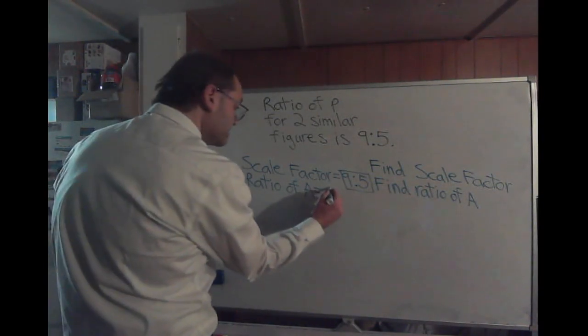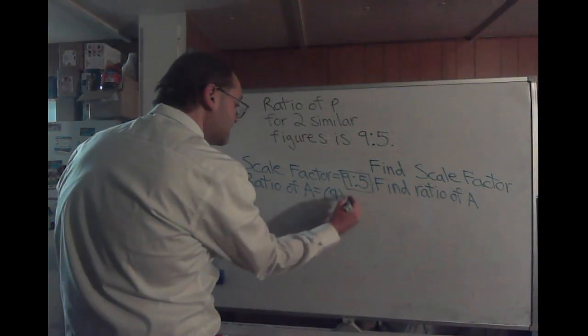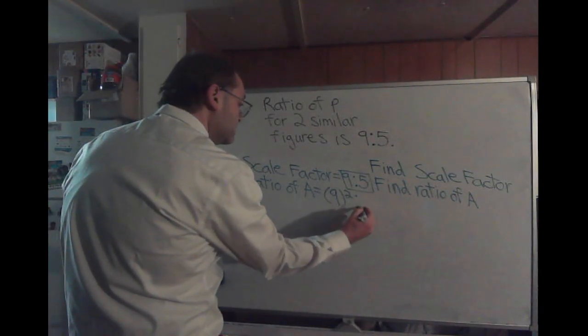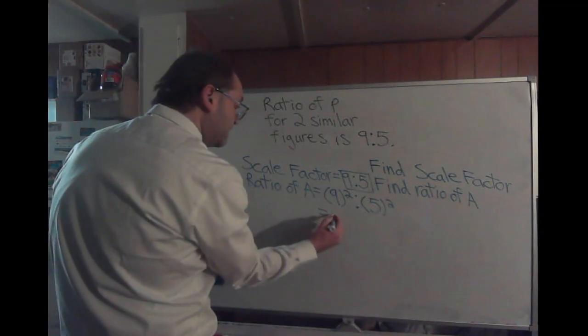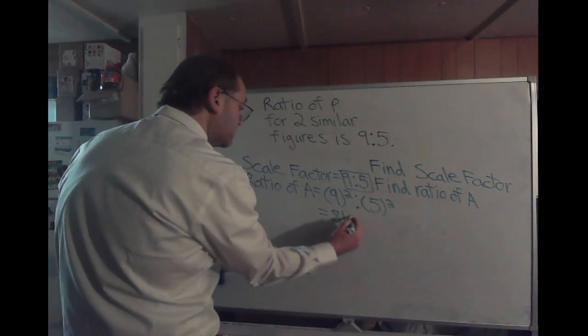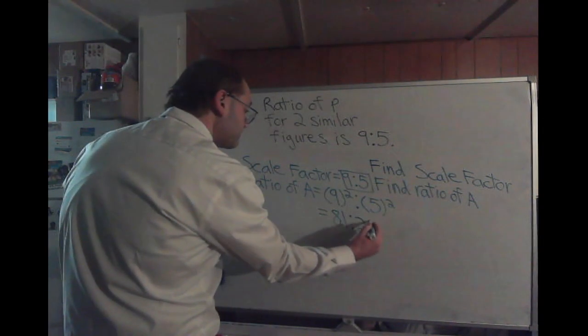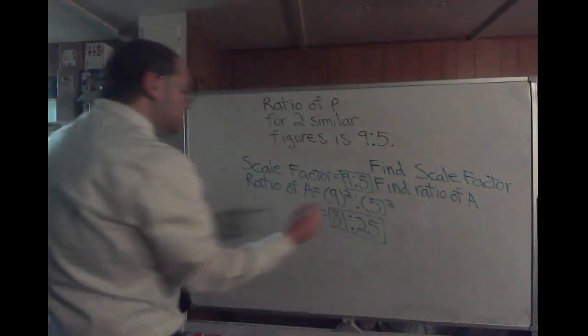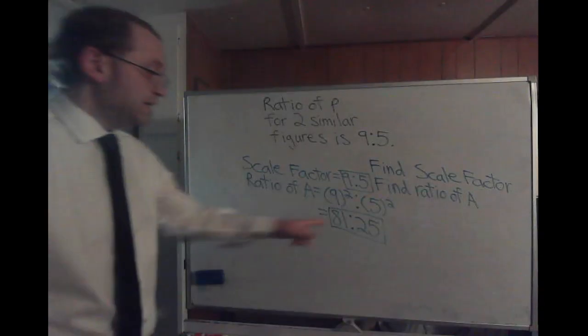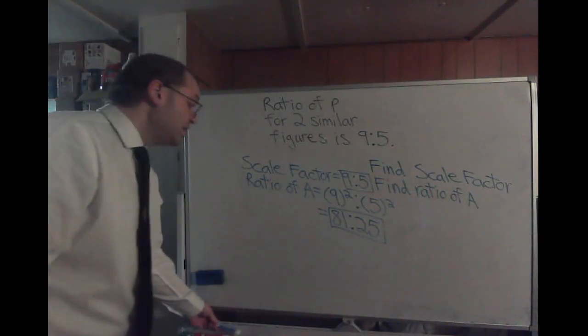You'll take each part of the scale factor squared. So you'll take 9 squared to 5 squared, which would simplify into 81 to 25. So the ratio of the areas ends up being 81 to 25.